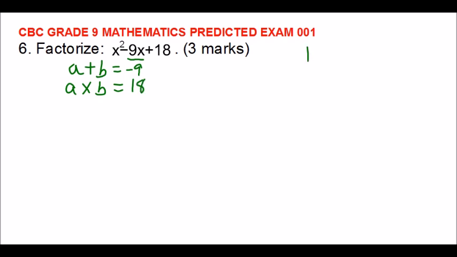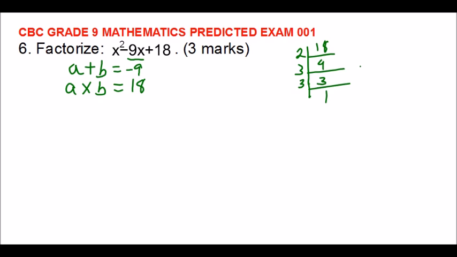How do you get these two numbers? We can get the factors of 18: 2, 9, 3, 3, 3, 1. Now the factors are 2 times 3 times 3.